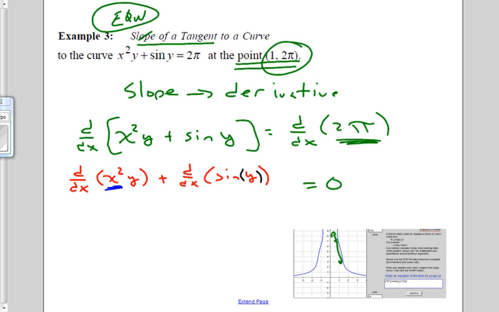Here we've got one function, x squared, times the other, y, and over sine of y, I've got sine of y. So here we're going to have a composite function. So taking the derivative, let's start off left to right. To take the derivative here, it's the first times the derivative of the second plus the derivative of the first times the second.